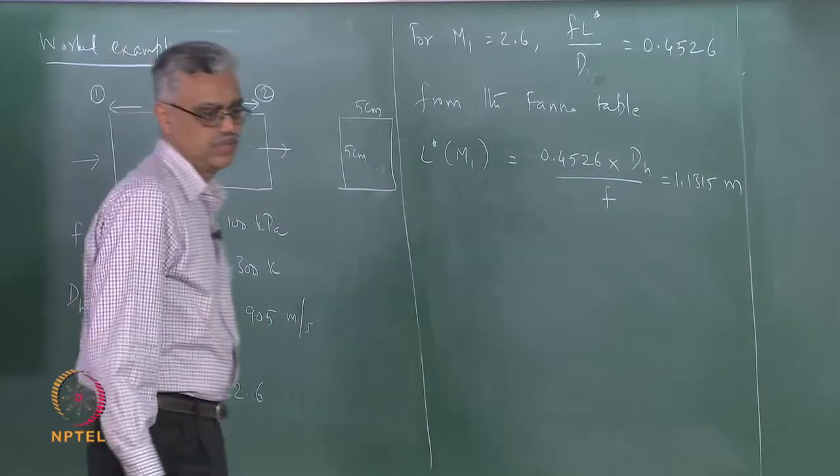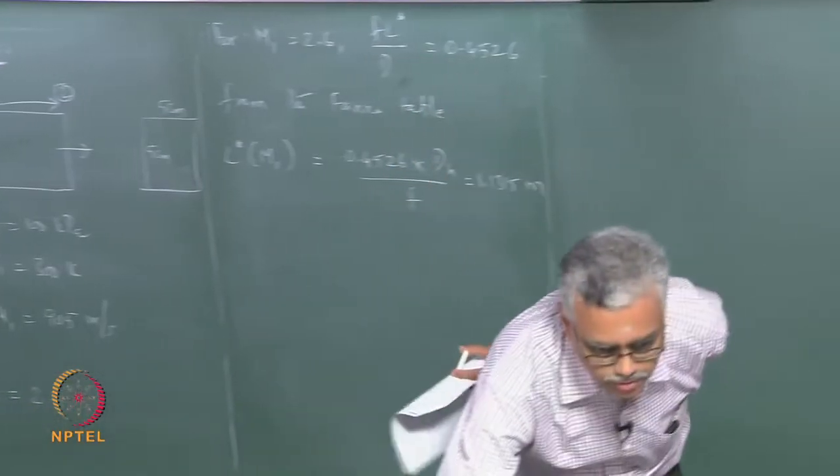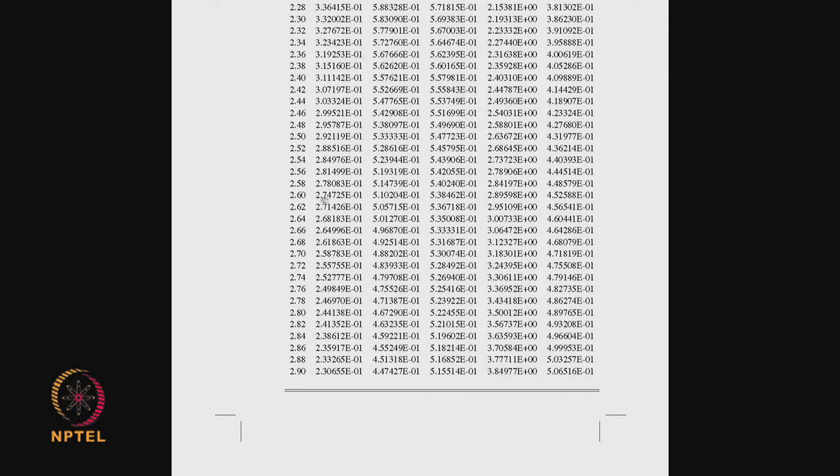Okay. So notice that what we have done here is we have gone to the Fanno table corresponding to 2.6. f L star comes out to be 0.4526. That is what we have used. Okay.